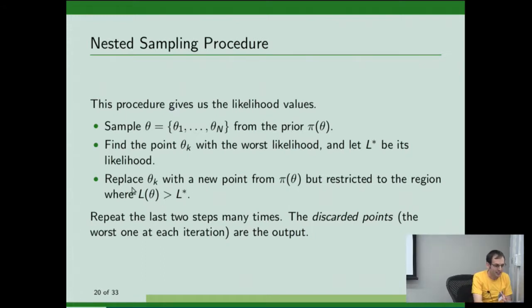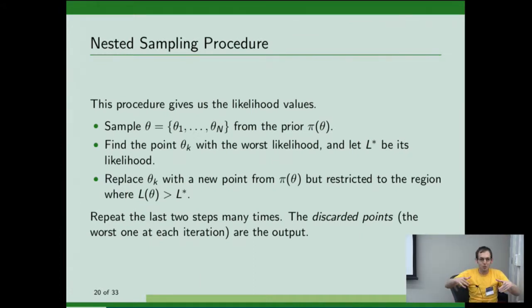And this is the kind of hard part of nested sampling. This is in general a hard task to do, but there are some pretty quick and easy ways to at least do an okay job of it. So the algorithm repeats these last two steps over and over again, and each time you do this, you're discarding a known fraction of the space. If you start with 100 particles, you find the worst one, you say, okay, that's 1/100th of the space and it had that likelihood.